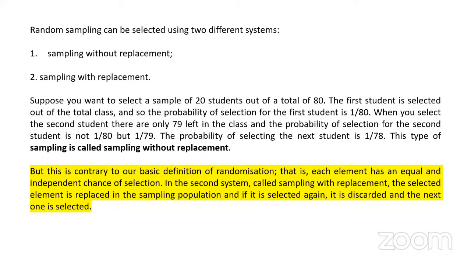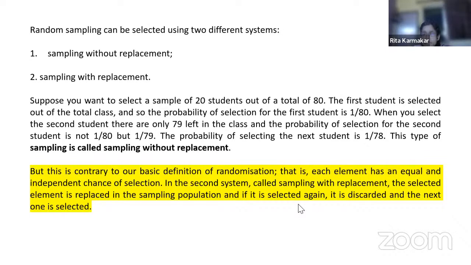If it is again by chance getting selected, then we will again do the drawing, this kind of random number generation, and definitely next time it would be something else. Am I clear here? Yes, ma'am. So that is the concept of with replacement.